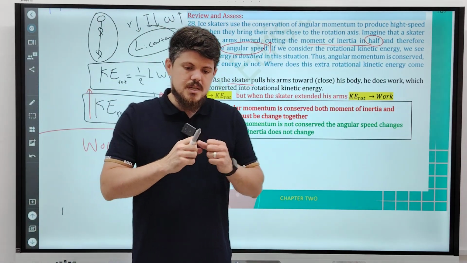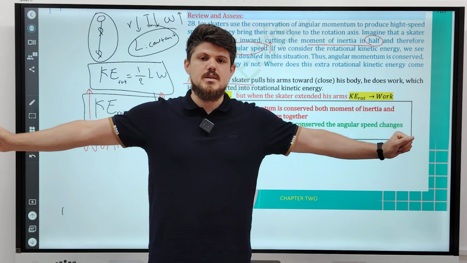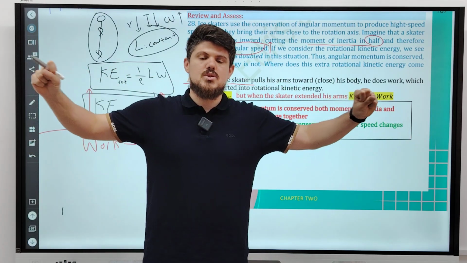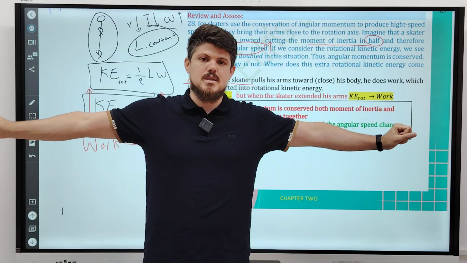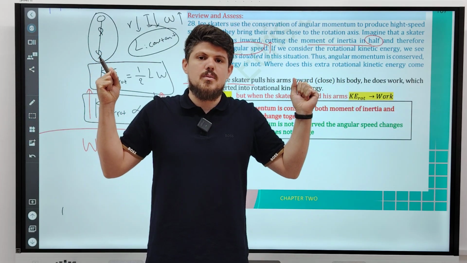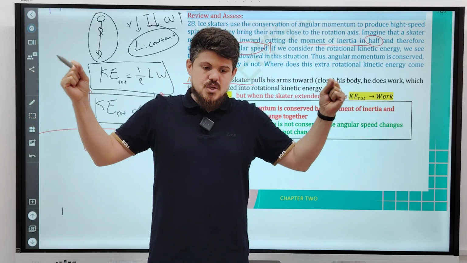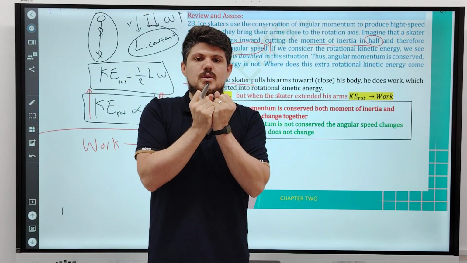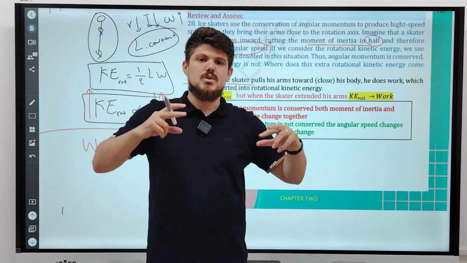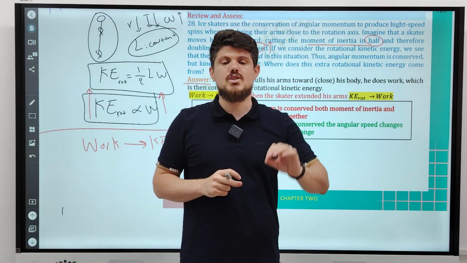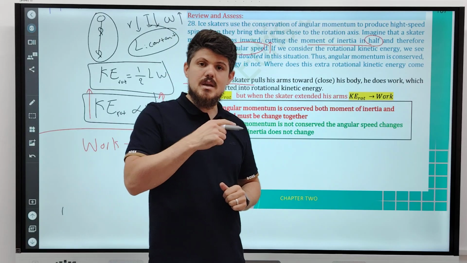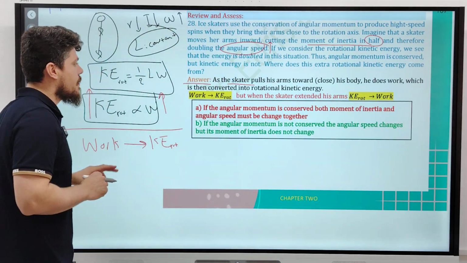In the case of extending the hands away from the body, the rotational kinetic energy is converted to work done. So the work done by the skater in bringing his hands close to his body is converted to rotational kinetic energy, which is why rotational kinetic energy increases by the same factor as angular speed.